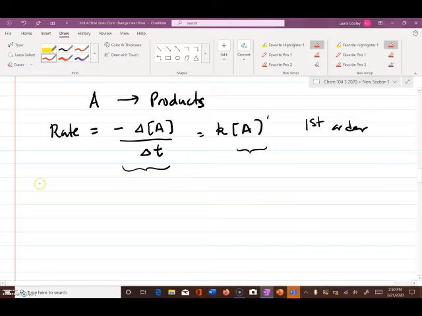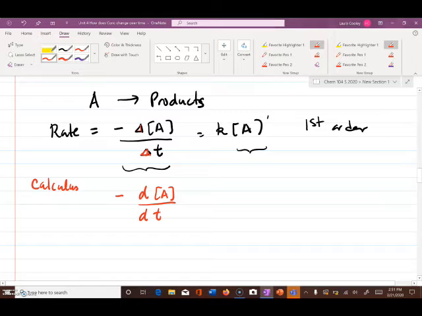All right, so in calculus terms, we need to take these deltas here. These deltas are finite differences, and we need to make them infinitesimal. So this delta A over delta T is going to become the derivative, the change in the concentration of reactant A with time.